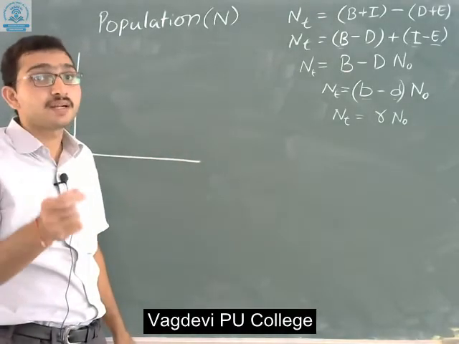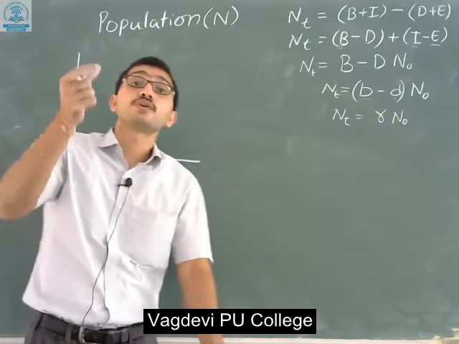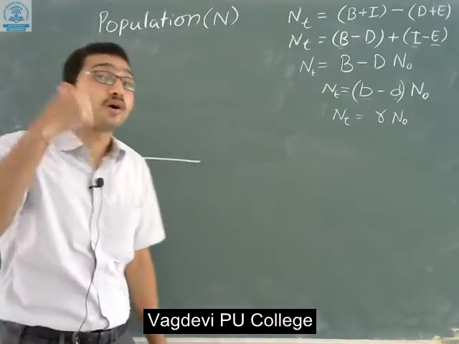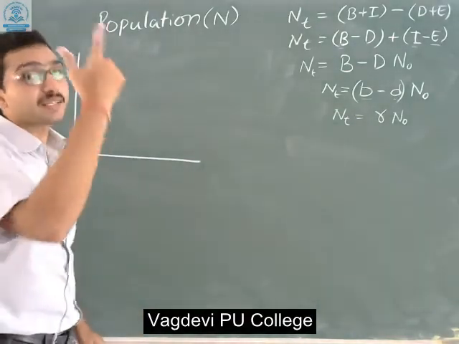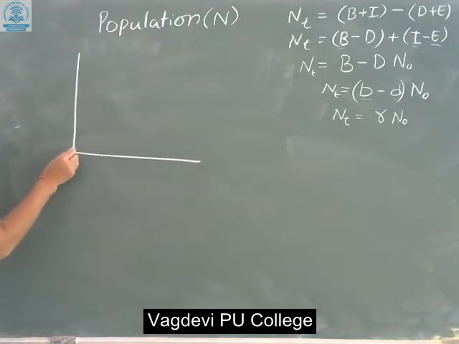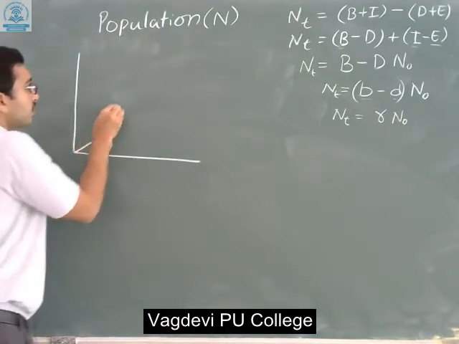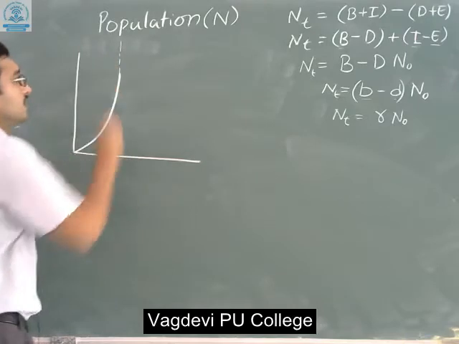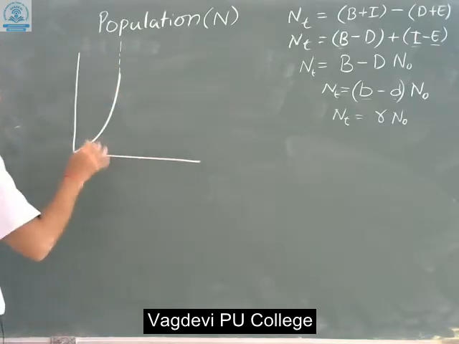In any habitat with enormous resources, the population can reach its maximum. It is represented as a J-shaped curve.